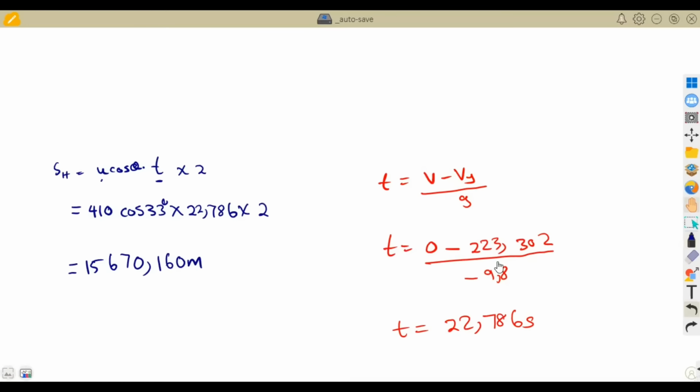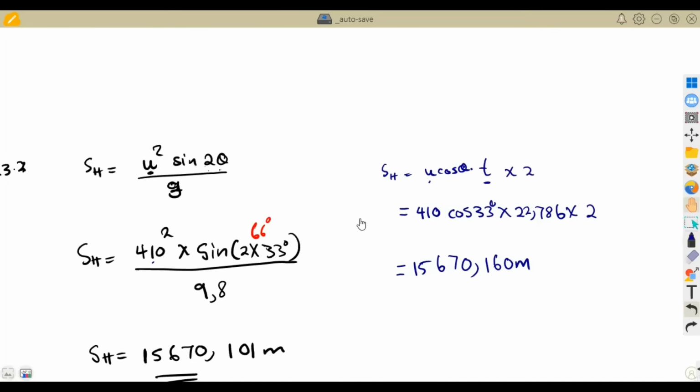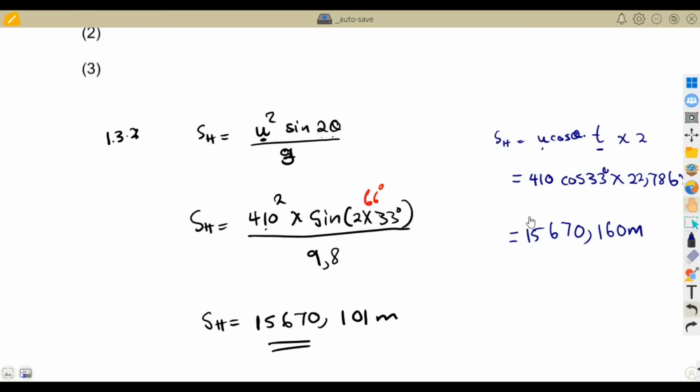But on the first formula, if you know this formula, it is direct because there's nothing that you are changing or finding. You're just substituting exactly the initial velocity and the angle and the gravitational acceleration only. These are the only things that you actually need. So I prefer the first one in my calculations very, very much.